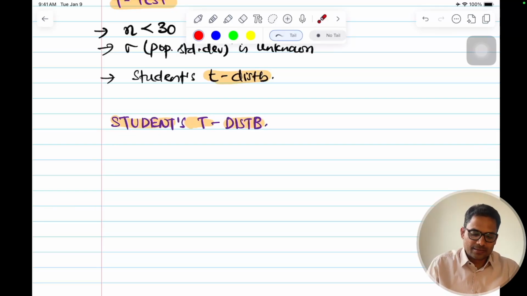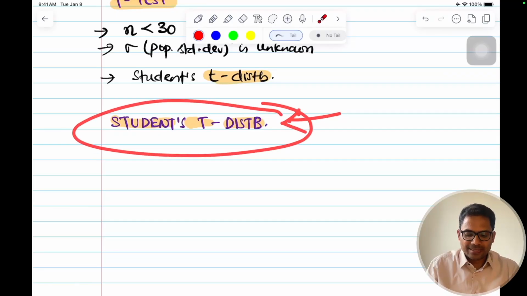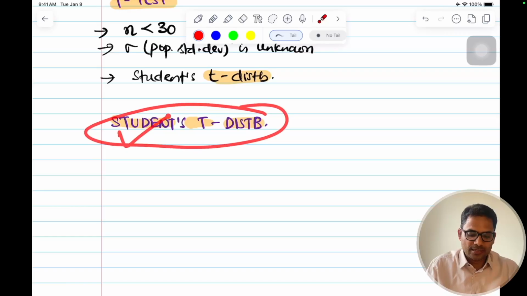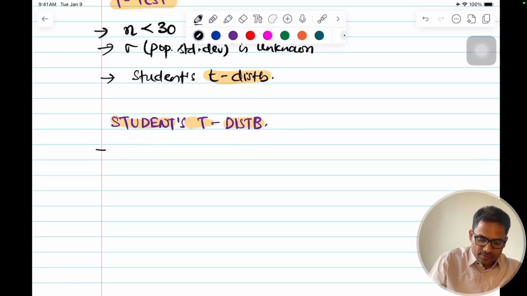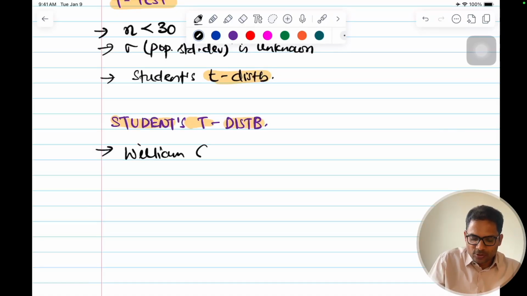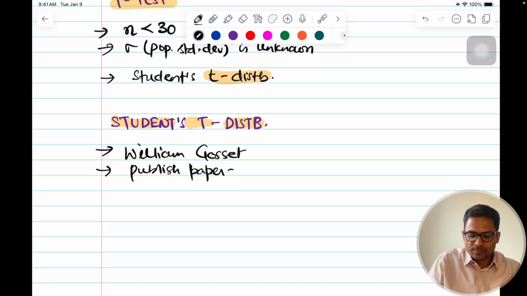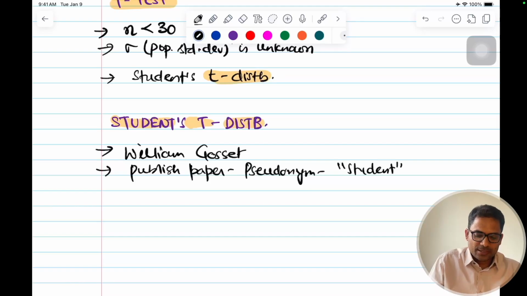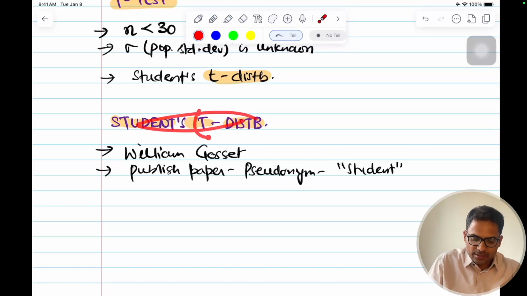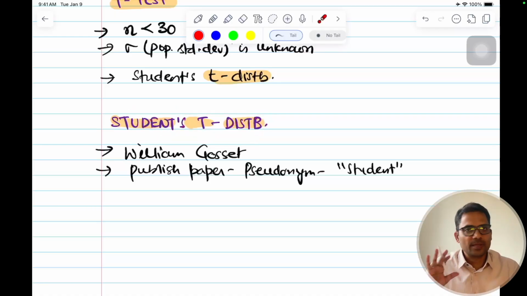That's why, where it was published, it is named student's t-distribution. To publish the paper, he used a pseudonym, an alias. Under this name, student, he published the paper, and that's why this distribution or this test got this name. So that's the history behind this.